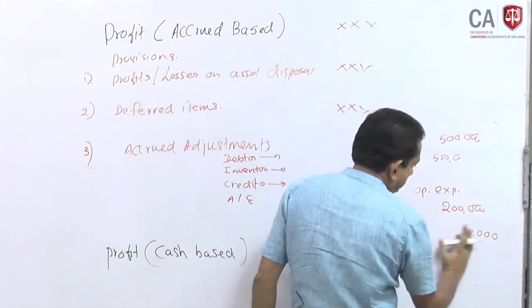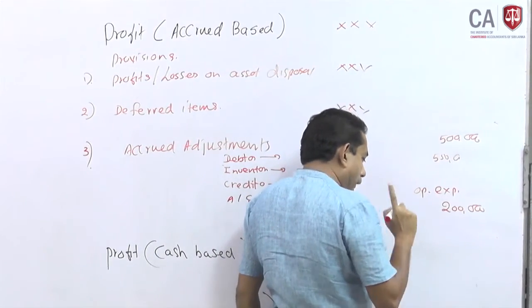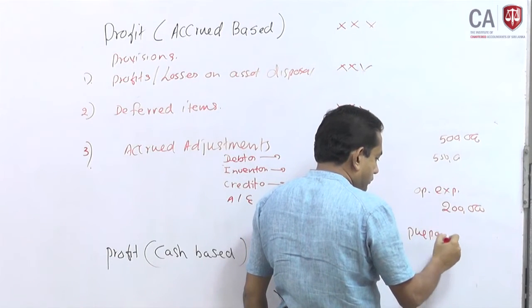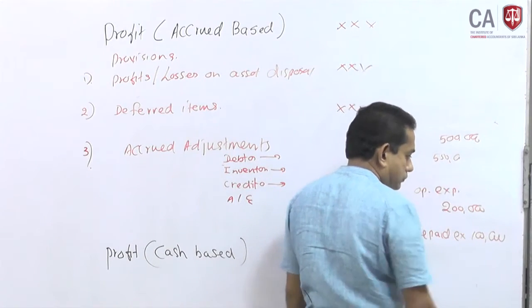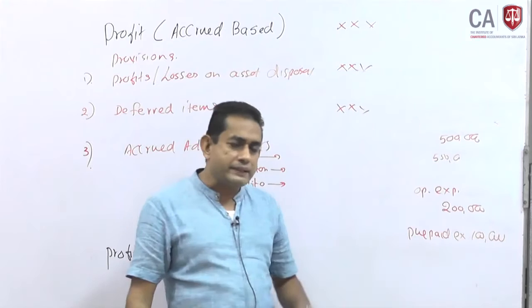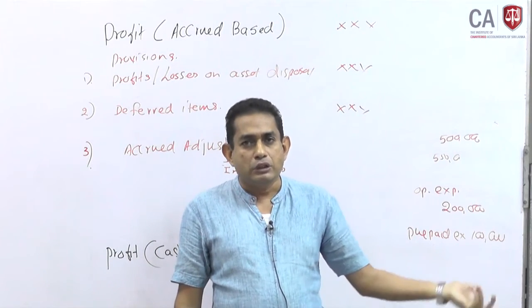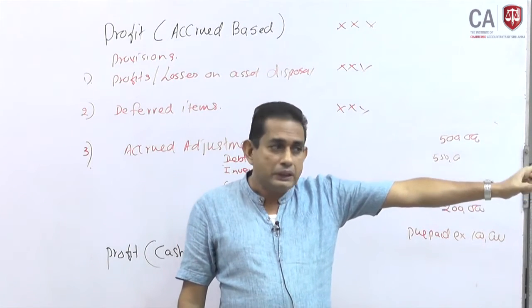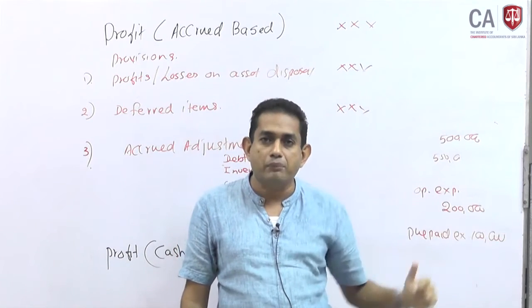Then in your balance sheet we have prepaid expenditure of 100,000. What does it say? We have done the payments in advance for the services to be received in the future, the services to be received ahead, but we have already done the payment.